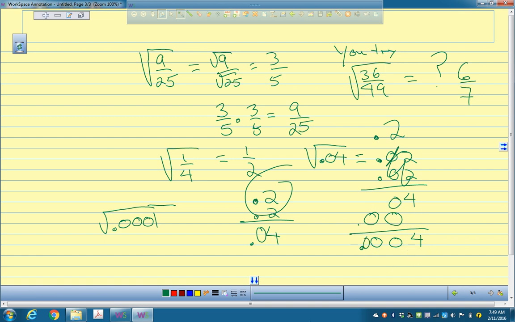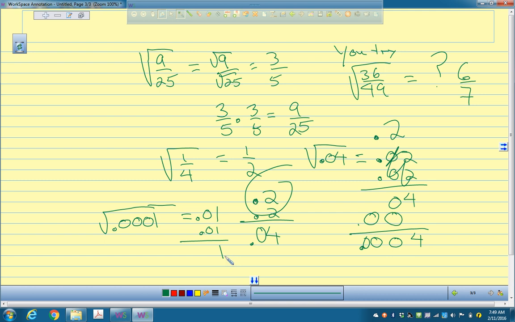Oh, you were right. Okay, so I think that's 0.01, right? That is 0.01 because 0.01 times 0.01 is 1, but you have 4 decimal places.